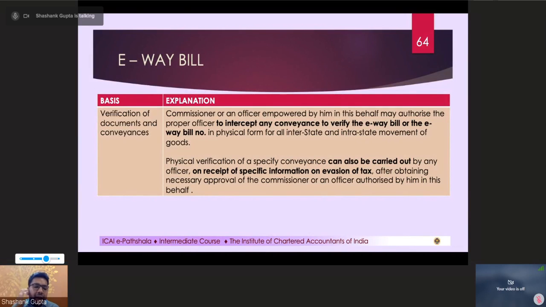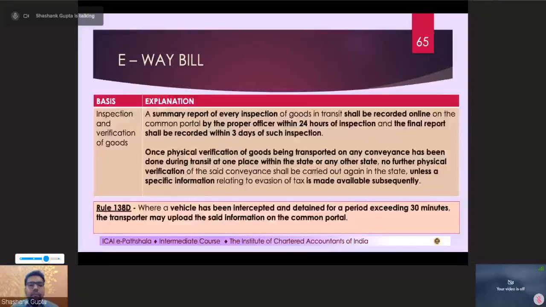And if they find that the details are not proper, or there is some tax escapement that they sense, in such case, they can even go on to confiscate that consignment.